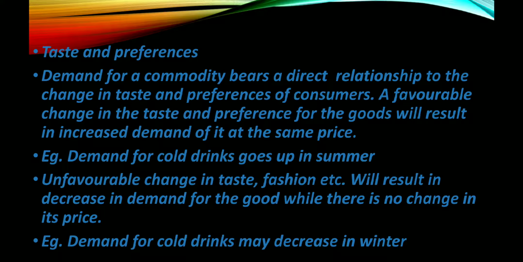An unfavorable change in taste, fashion, etc. will result in a decrease in demand for the good, while there is no change in its price. The demand for cold drinks may decrease in winter. It is because of the taste and preference or the seasonal changes. The price remains the same.